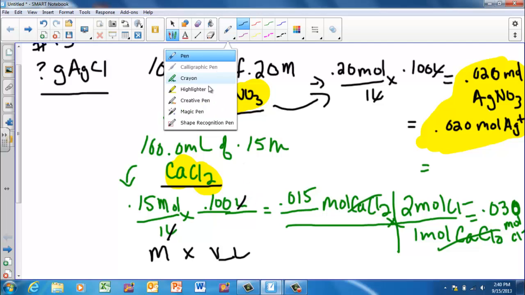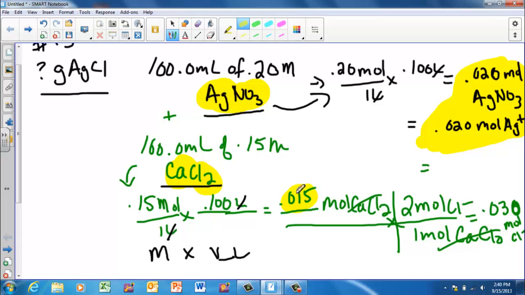We've got 0.015 moles of calcium chloride, which I plugged into my chart, but also remember when we deal with ions, we have to take into account subscripts. For each mole of calcium chloride, you have 2 moles of chloride ion itself. So in reality, you have 0.030 moles of chloride. And we're going to need both of these numbers to start with.